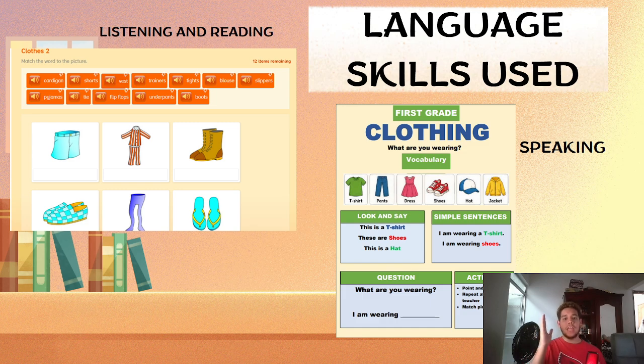This fits the emerging level, where auditory input always precedes oral production. Reading: students practice basic logographic word recognition, matching short labels directly to pictures, which is ideal for first grade readers. We have to take that a lot into consideration.